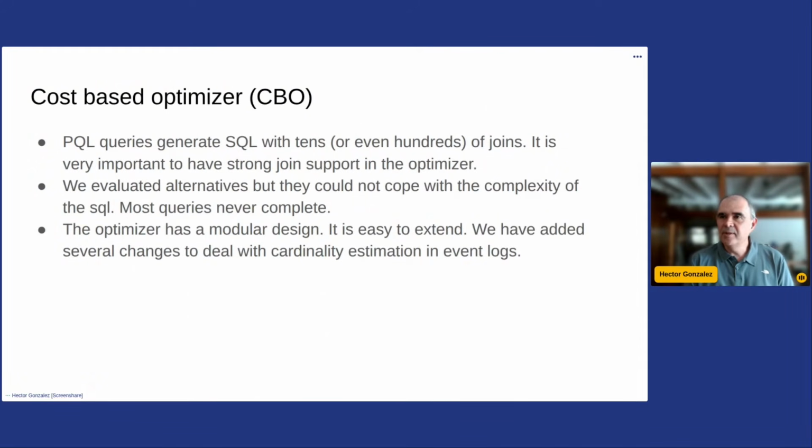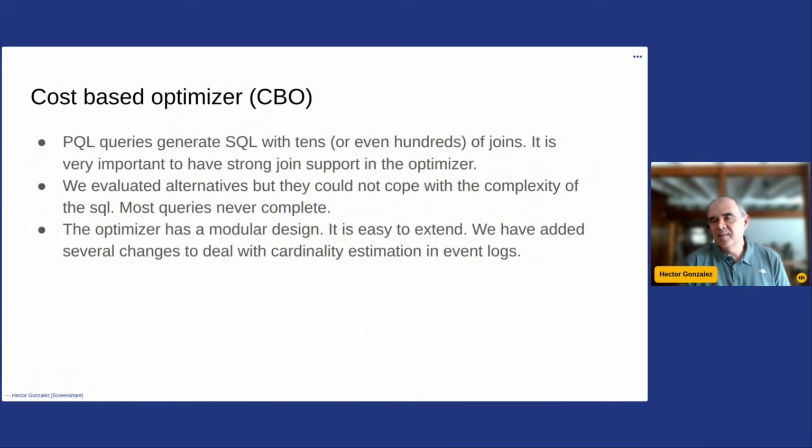We looked at different alternatives, and we found that even though they are very fast at working on normalized data, when you have queries that have 10 joins, they don't work well at all. And we don't have the opportunity to denormalize. It would be too expensive. So we found that StarRocks has very good performance with complex queries with many joins. Also, the optimizer has a modular design that is easy to extend.